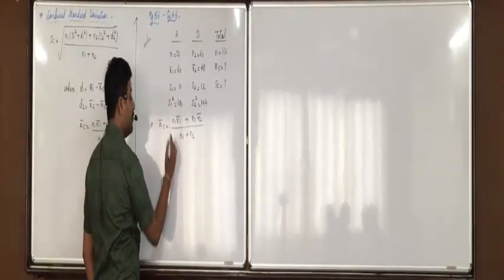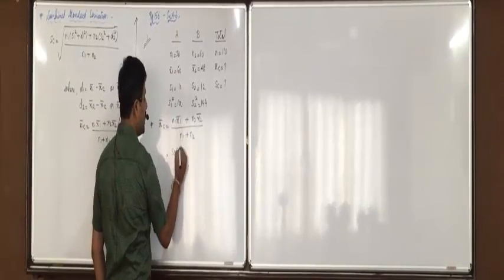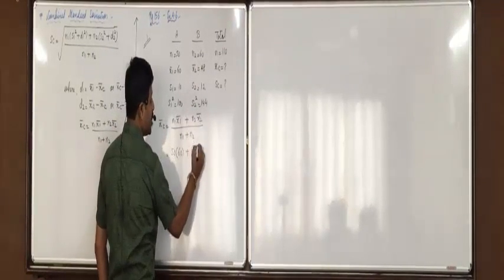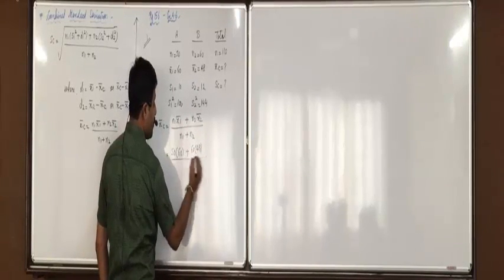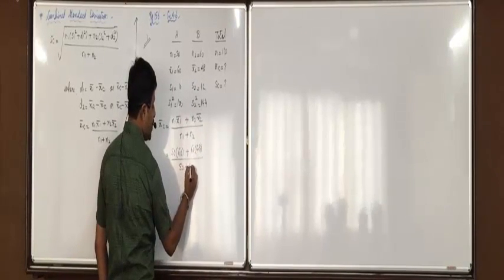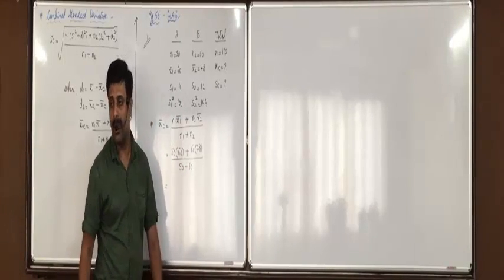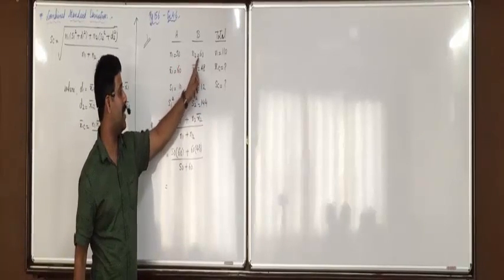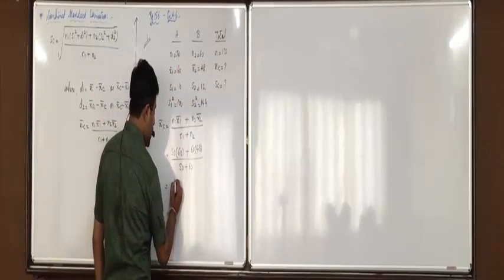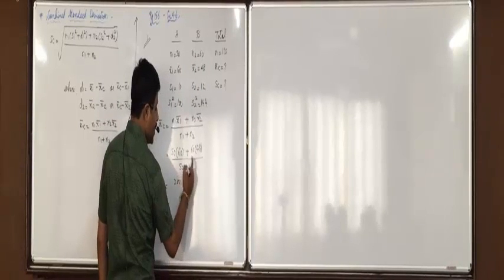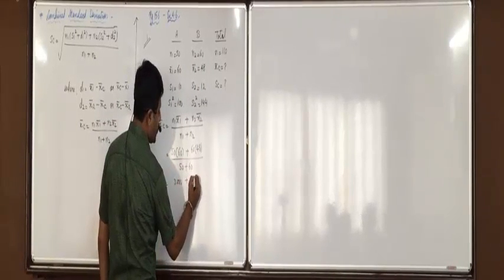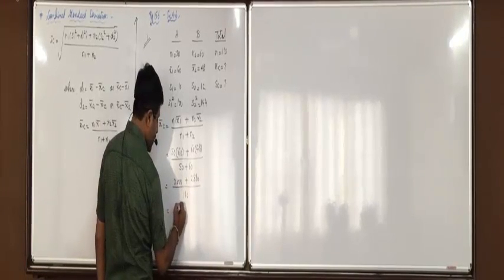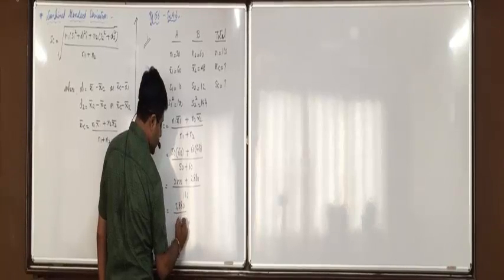Now n1 is 50 into x1 bar is 60, plus n2 is 60, x2 bar is 48, upon n1 50 plus n2 60. 50 into 60 is 3000, then 60 into 48, 2880, upon 50 plus 60, 110. 5880 upon 110.